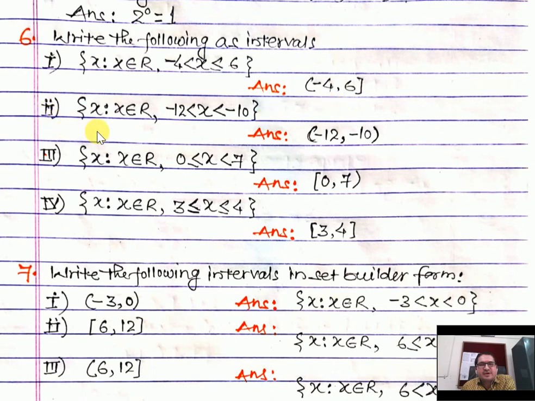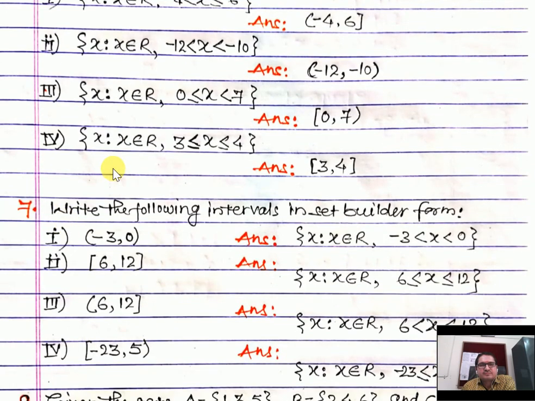Sixth, second part, x greater than -12 but less than -10, so open bracket, -12 and -10. The reason is that for both left hand and right hand values, the equal sign is not given, so open brackets will come. Third one, x greater than or equal to 0, so with 0 the closed bracket will come, and less than 7, and on the right hand side the open bracket will come.